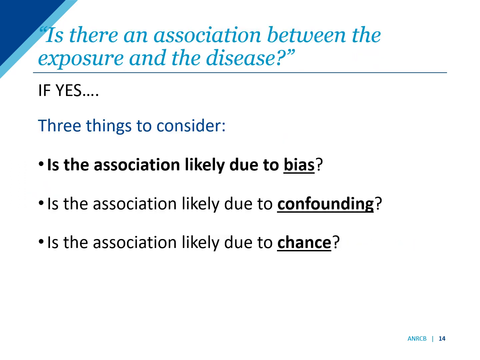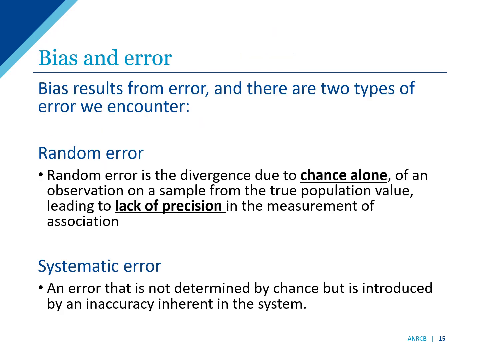The first possible alternate explanation for the association that we can investigate is bias. Is the association we found likely due to bias? Bias results from error, and there are two types of error we encounter in our studies.